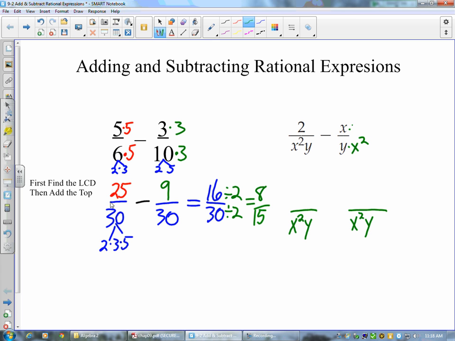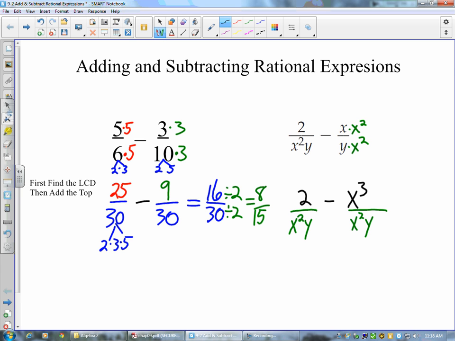So I'll multiply the top times an x squared. The first one already has an x squared y. I don't have to change anything to the 2. The second one, x times an x squared, is going to be an x cubed. Now, combine these two terms. Add or subtract.